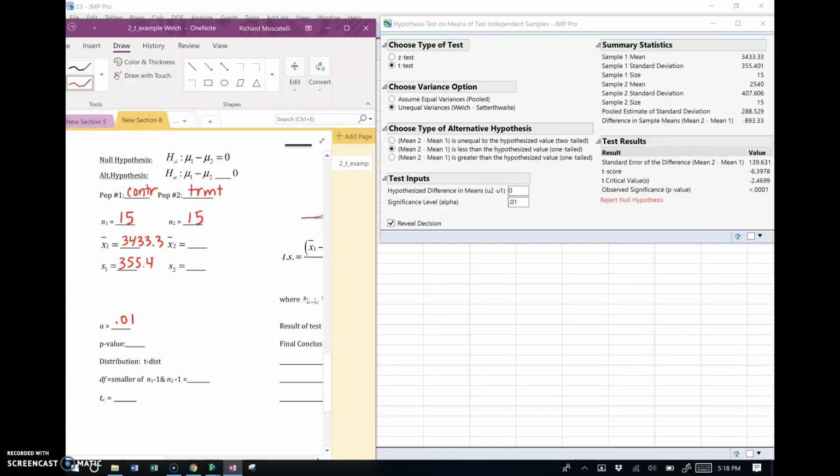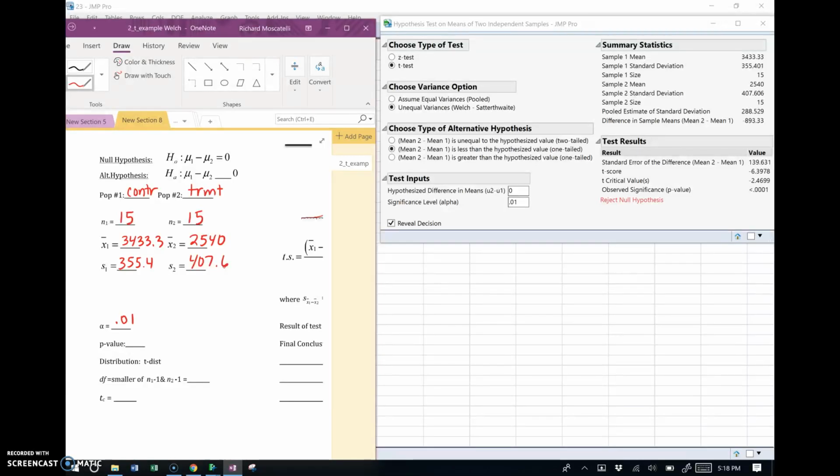All right, the X bar 2 is 2540. And the standard deviation of that second group, 407.6. As you can see, those standard deviations are pretty different. So that assumption of unequal population variances kind of does make sense.